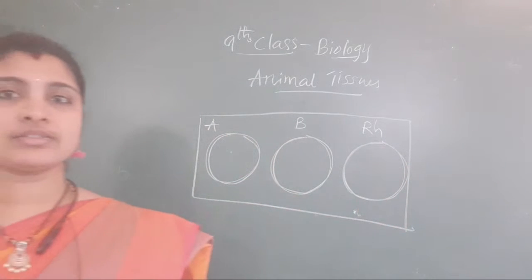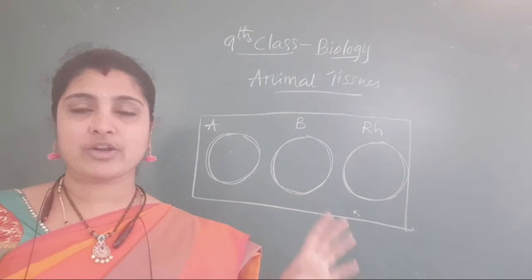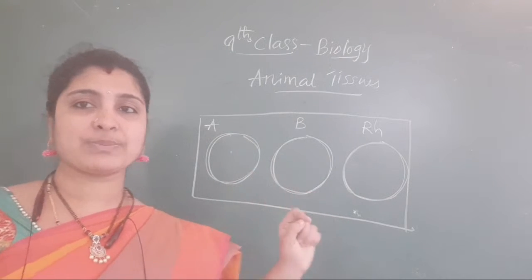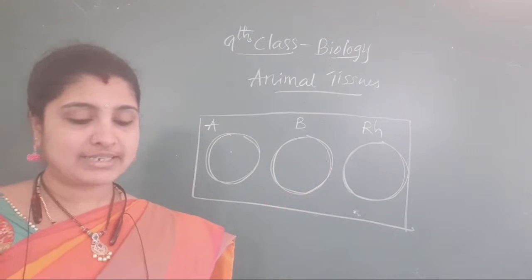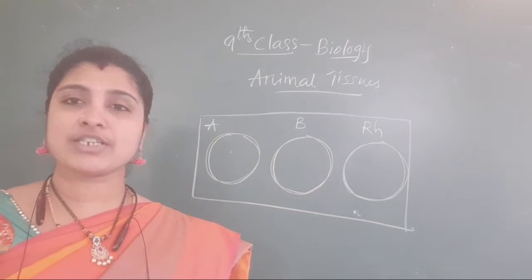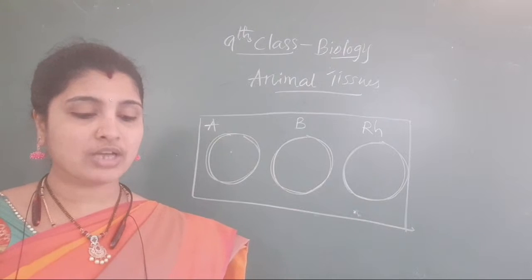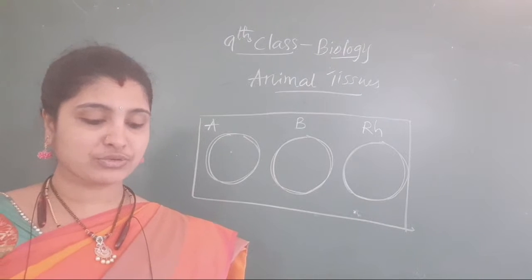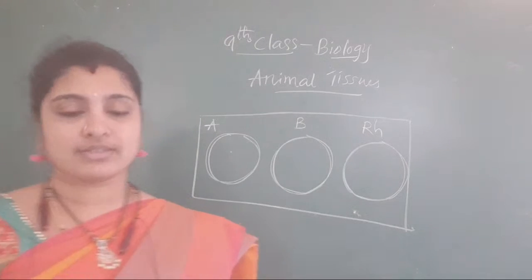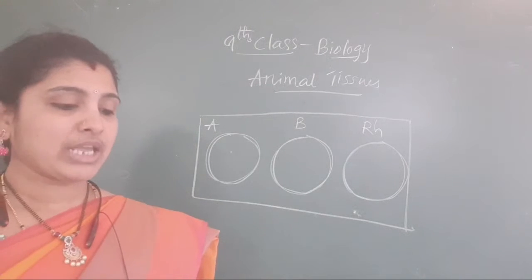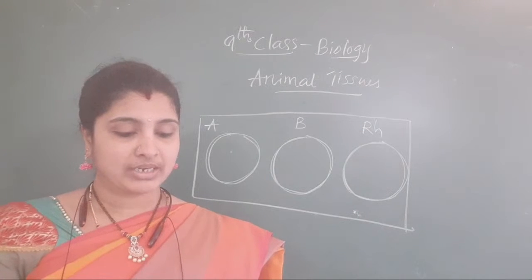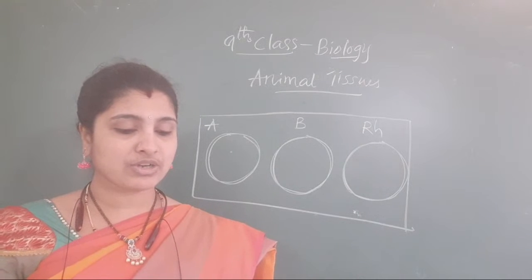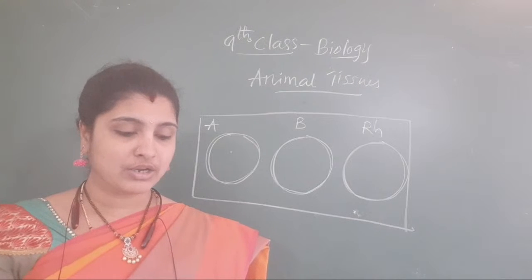Draw 3 circles on the plate to divide the surface into 3 parts, one circle in each part as shown in the figure, same like this. And next, what you have to do? Place 1 drop of the corresponding anti-serum near the edge but within each of the circles, as shown in the figure.